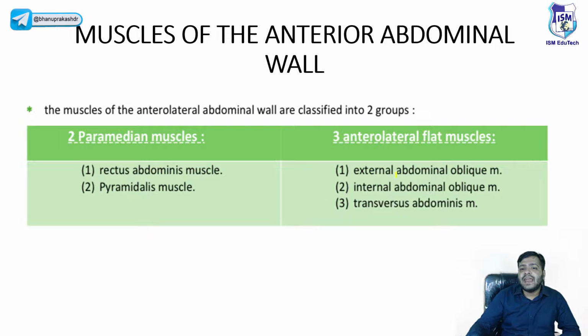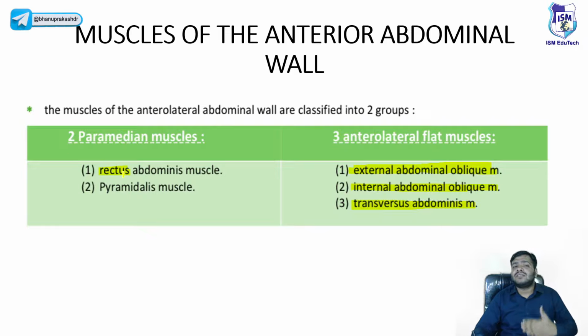We have the three anterolateral flat muscles that we already know: external oblique muscle, internal oblique muscle. Even if you don't add the word abdominal, it's fine. And we have the transverse abdominis muscle. Apart from that, the two paramedian muscles, situated around the midline, the rectus muscle.